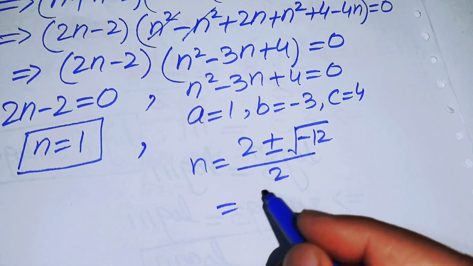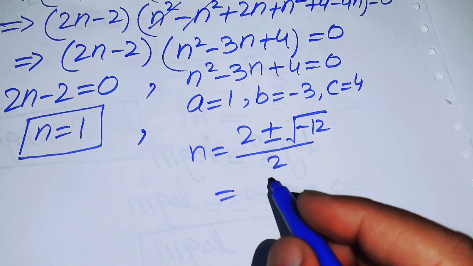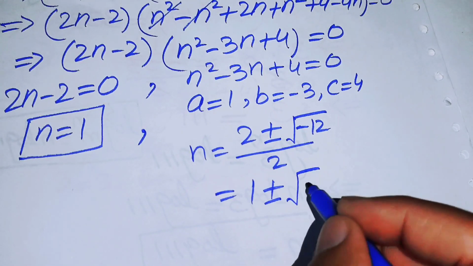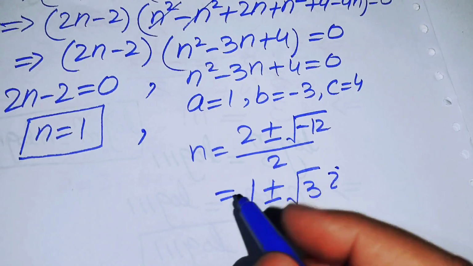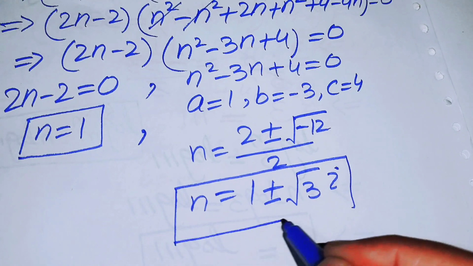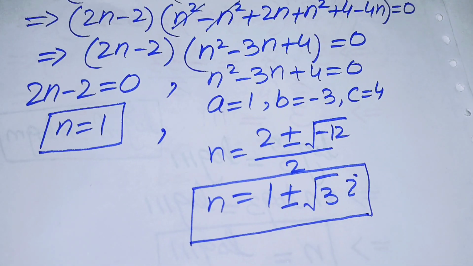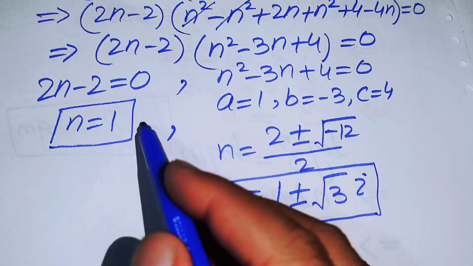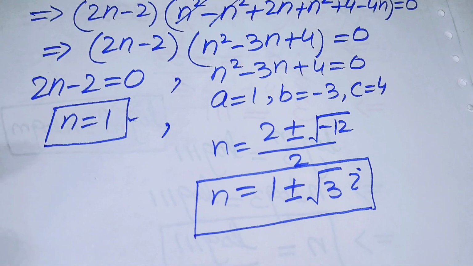And now we can again simplify this term, and you will get here 1 plus minus the square root of 3 and iota. So these are the other two complex roots. So finally we have 5 roots of this equation, of which 4 are complex and 1 is real. And this is our final answer of this question.